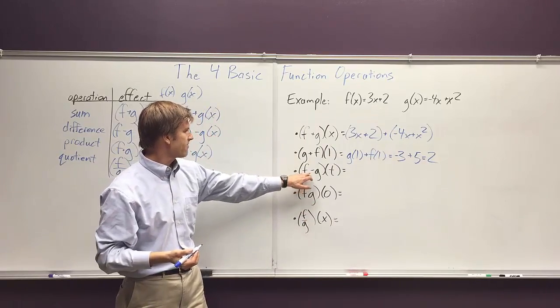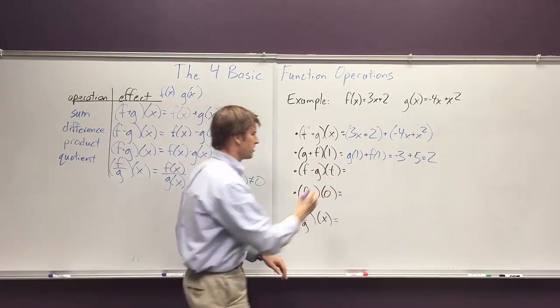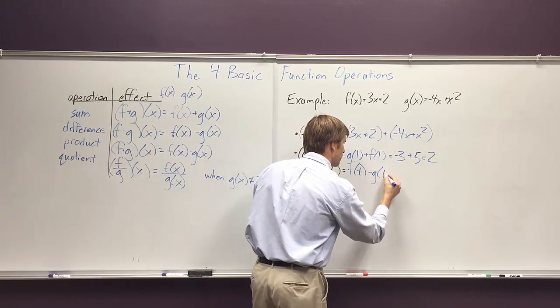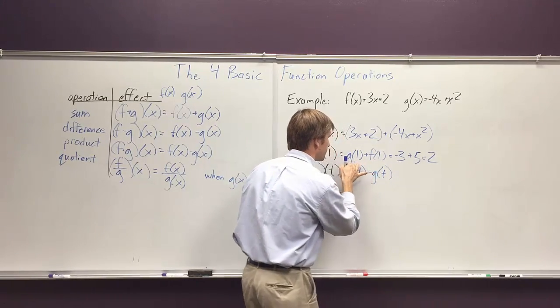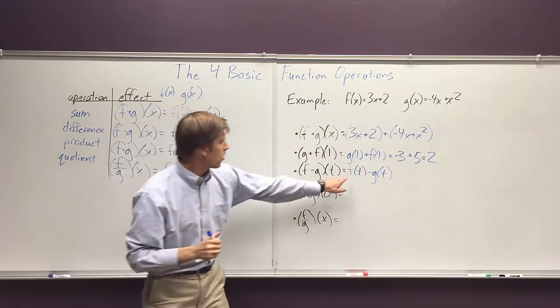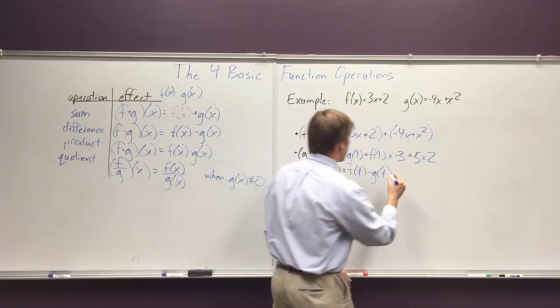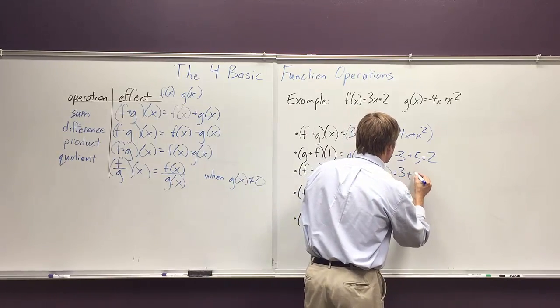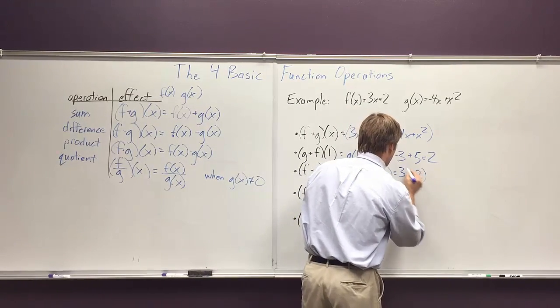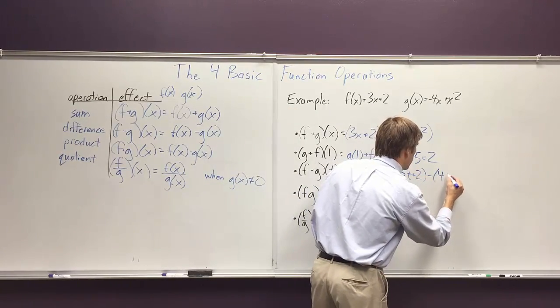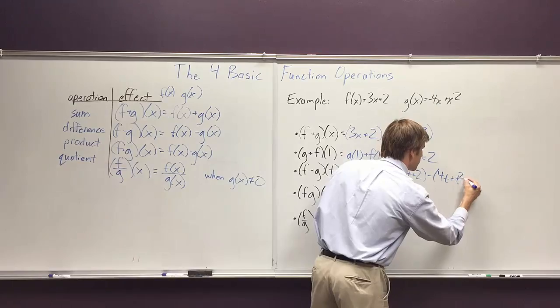What about f minus g of t? So just for emphasis, that's f of t minus g of t, right? So f of t, remember t is the input, so the output is going to be 3t plus 2 minus the quantity negative 4t plus t squared.